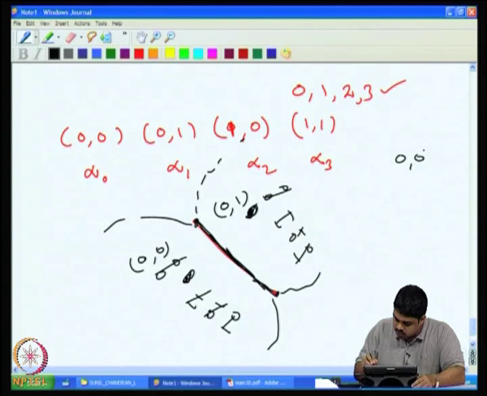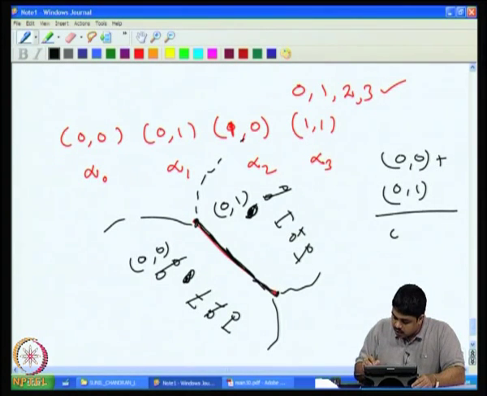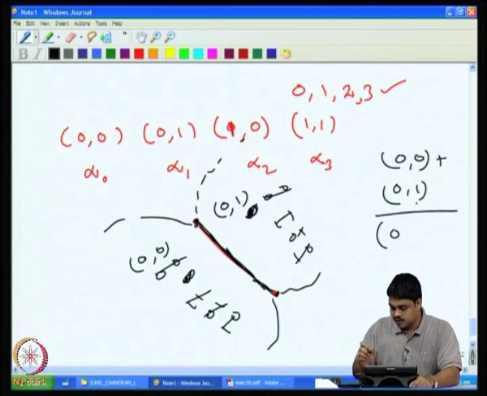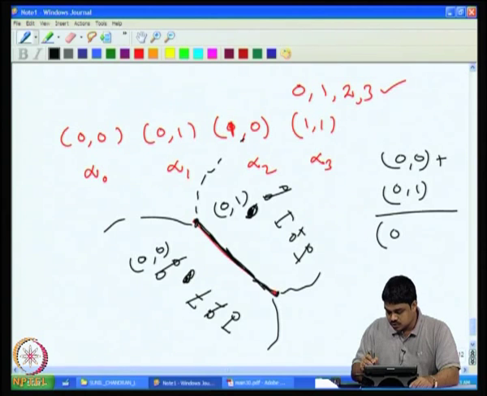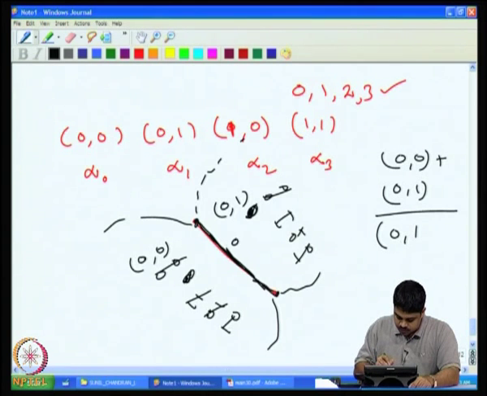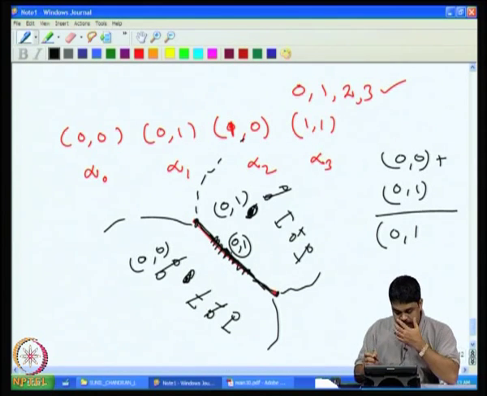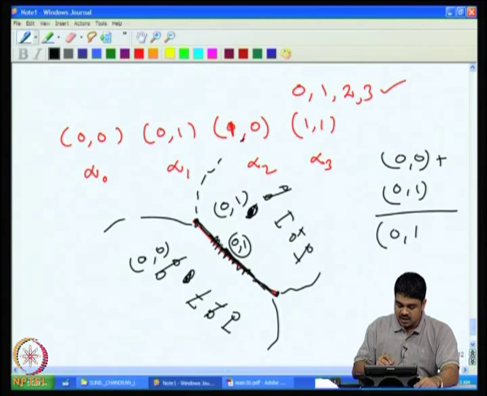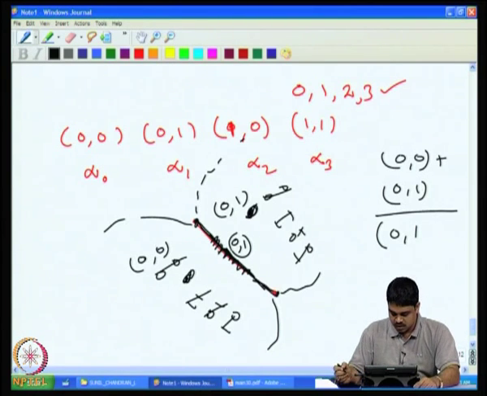So, 0 0 plus 0 1 will be added, and 0 plus 0 is 0. It is modulo 2 addition, we will not go beyond 1. 0 plus 1 is 1. So, we will give it the 0 1 color. After adding these two, whatever color results from the addition will be given to this edge.